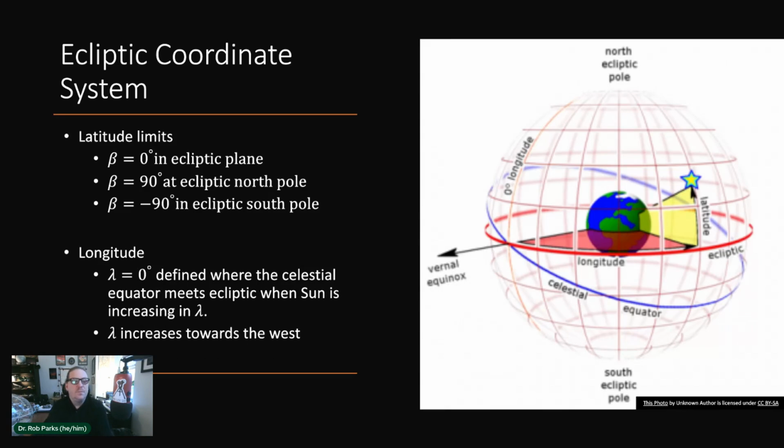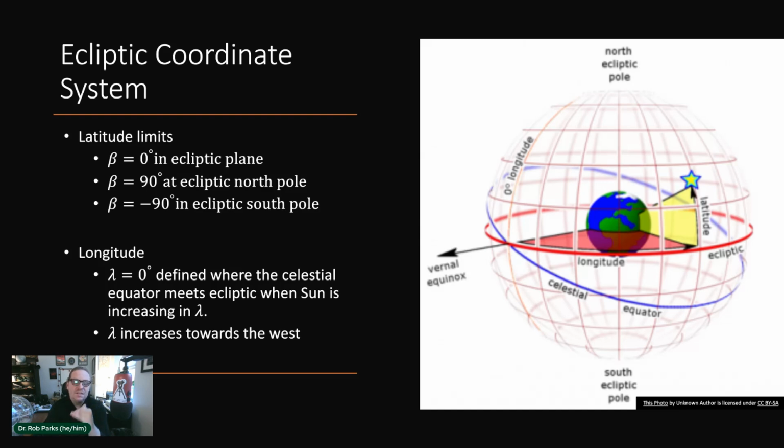The ecliptic coordinate system, as I said, is defined by the Earth's path around the sun. That path, or the plane that path demarks, is called the ecliptic.